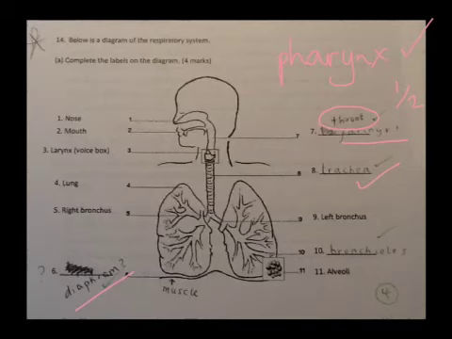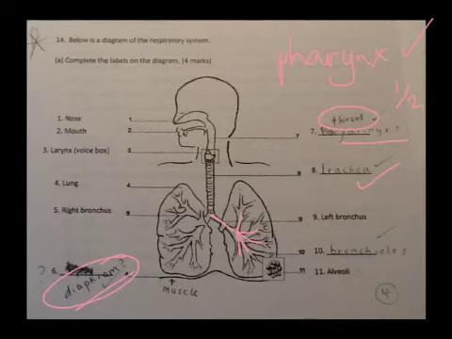Bronchioles further down, the bronchus or the bronchi split into bronchioles. So we've got bronchi here splitting into the smaller bronchioles, the branches coming off. Okay, this one over here, diaphragm, quite a few people didn't get that one, something we possibly haven't specifically mentioned in lessons.